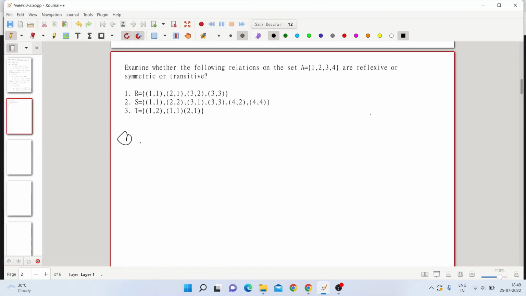Now let us see what is an equivalence relation. A relation R on a set A is said to be an equivalence relation if it is reflexive, symmetric and transitive.